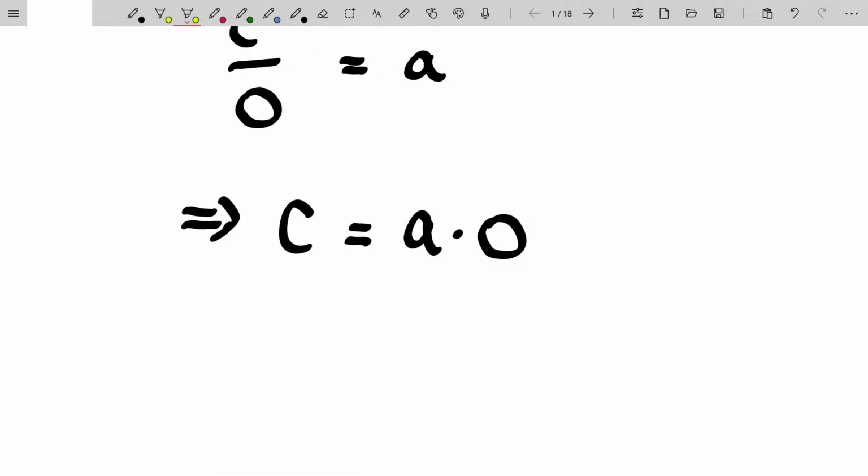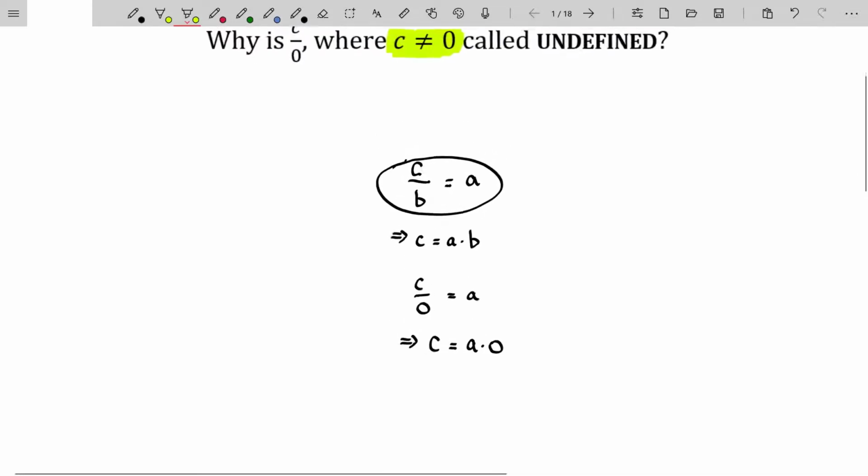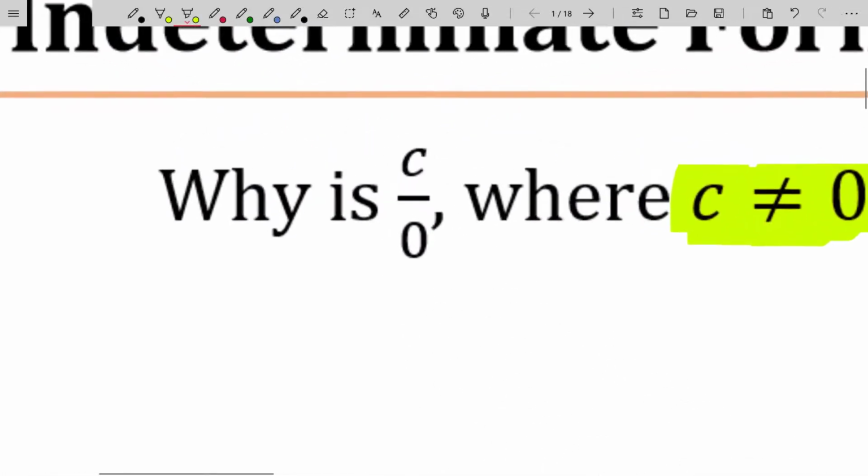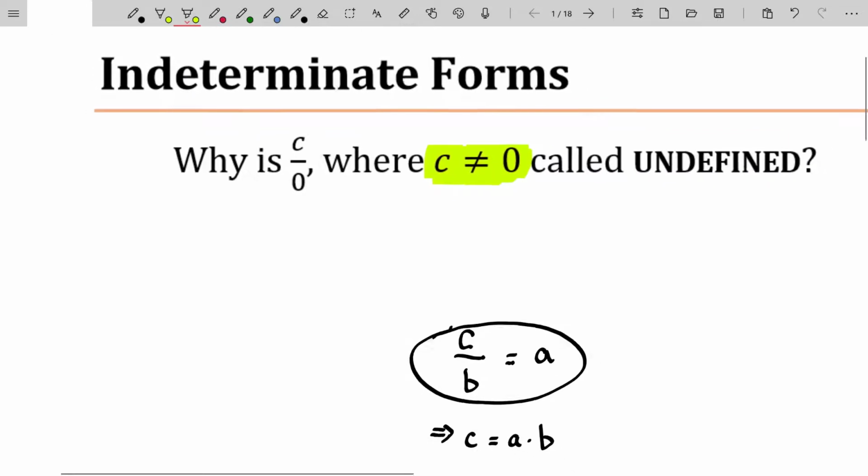That cannot happen. So therefore, A cannot exist. In other words, A is undefined. That's why we say that fraction is undefined, because there's no number that it can equal since C is non-zero. There's no number that you would multiply by 0 to become a non-zero number. That's why we call it undefined.